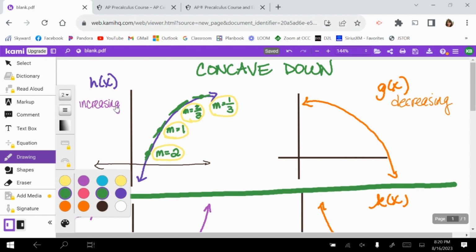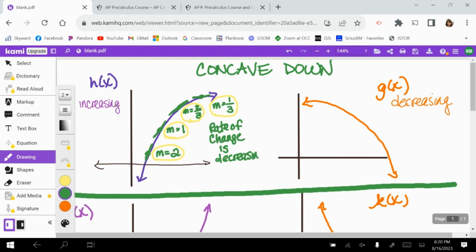What does it look like is happening? Are these rates of change increasing or decreasing? Going from 2 to 1 to 2/3 to 1/3, we would say that the rate of change is decreasing. So even though h of x is increasing, as we look at h of x from left to right, the rate of change is decreasing.